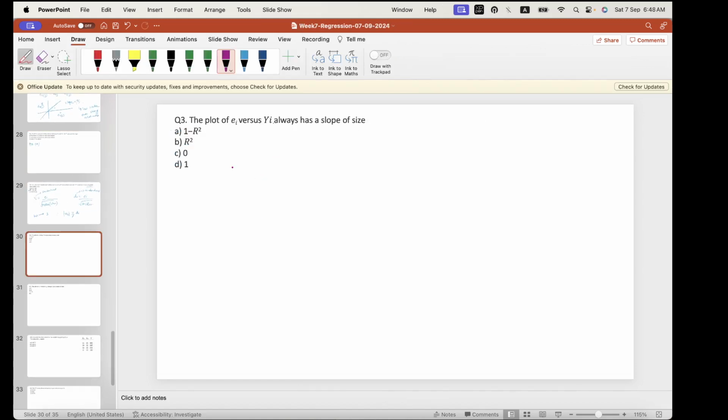Yes. So moving on. What does the plot of Ei versus Yi have as a slope? Okay, so we can write Ei as beta naught plus beta 1 Yi plus epsilon i. This is Ei versus Yi, so this is the model that we would want.